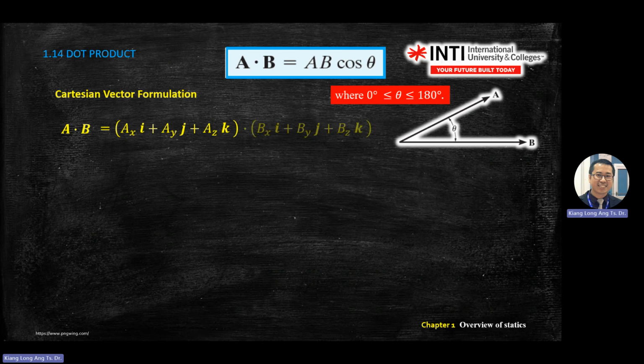Similar with B. You should be able to do i multiplied by i, equal what? j by j, or you know how to do this. This one multiplied by this one, multiplied by this one, plus Ay j multiplied by this one again, this, and this.